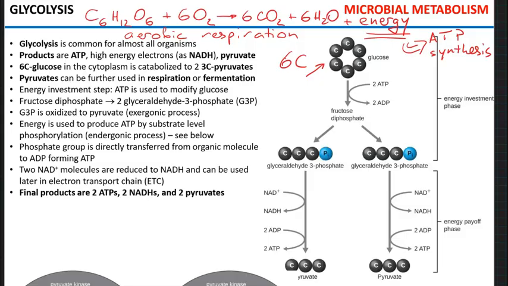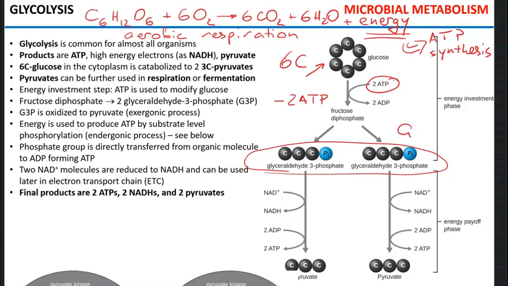During the first 5 or 6 reactions, I cannot remember from top of my head, we use 2 molecules of ATP, so minus 2 ATP, to produce 2 molecules of the intermediate that we're going to call glyceraldehyde 3 phosphate, or G3P. How many carbons does each molecule of G3P have? 3, but we have 2, so still 6 carbons.